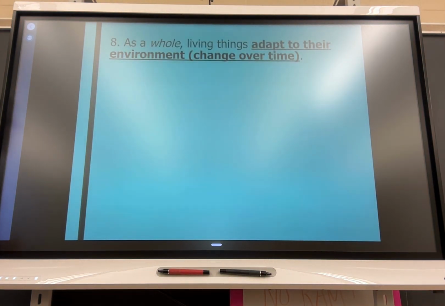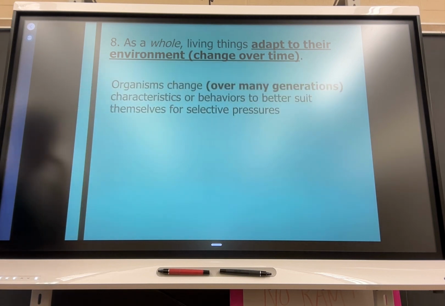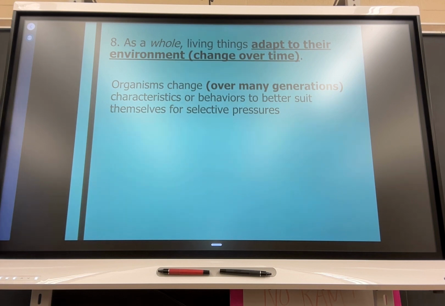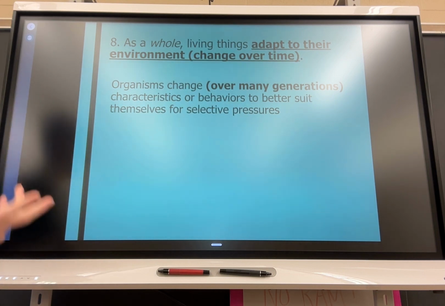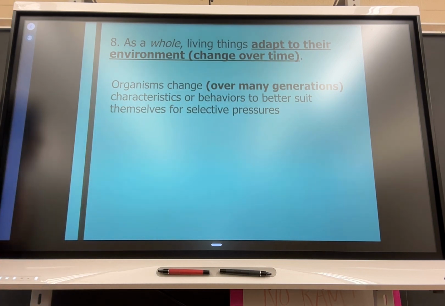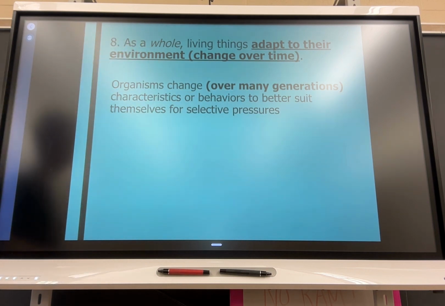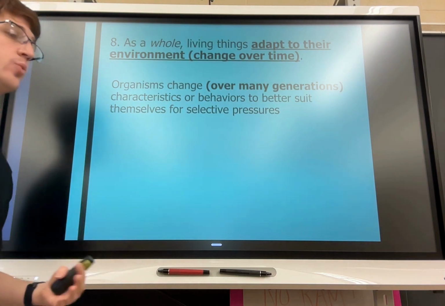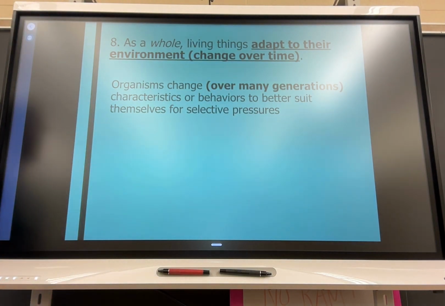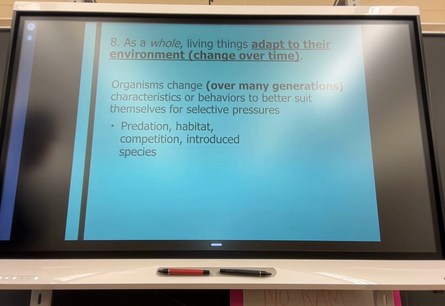And number 8, as a whole, all living things adapt to their environment. They change over time. Typically these changes are going to happen over many generations. It's not going to be a single organism. That would be an example of acclimation, not adaptation. So in this case, we are trying to select for characteristics or behaviors that help us to survive or help us to do something.